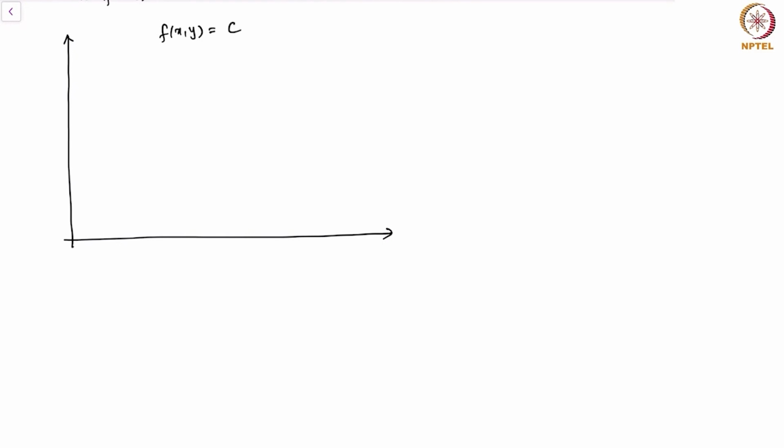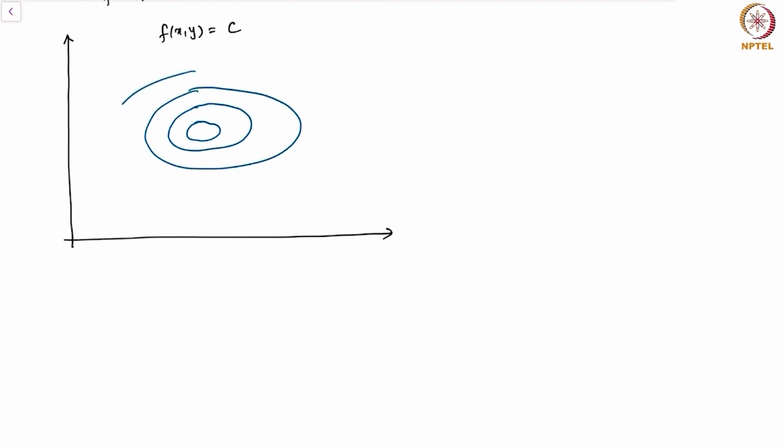I want to first make contours of this function. Maybe there is a global maxima somewhere here, but I can make contours. Remember, contours are lines of iso values of this function, which means that along a given curve, the values of the function are constant. So each of these curves corresponds to specific values.